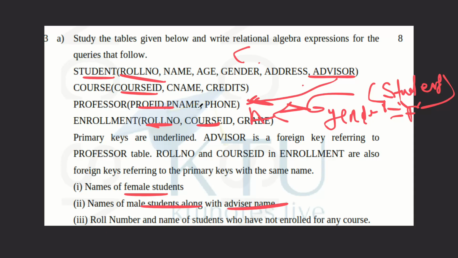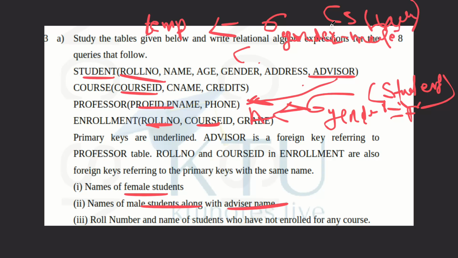So first we will create a temporary table. In this temporary table we select gender equal to male from the student table.